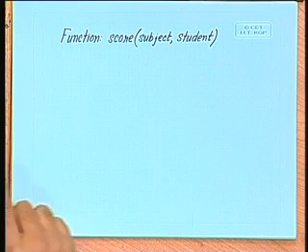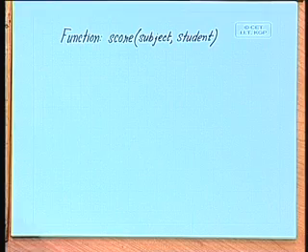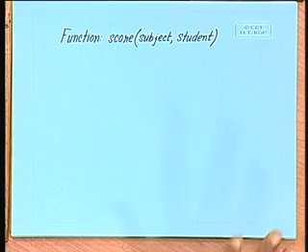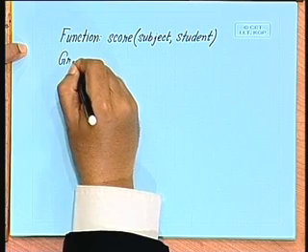So, we need another function which compares two scores and tells us which is greater and which is less. But that is a predicate, it is not a function, because if comparison is going to return you a true or false value. So, let us add this predicate.